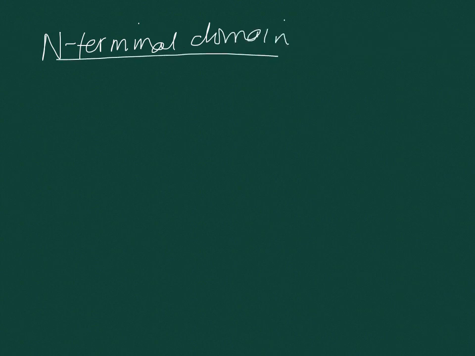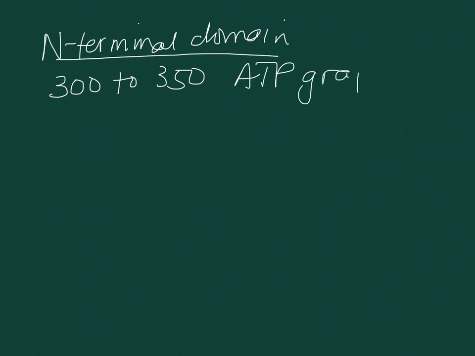Alright, pyruvate carboxylase is of special interest because of its structural, catalytic, and allosteric properties. We have an N-terminal domain, from amino acid 300 to 350, which is an ATP grasp domain.